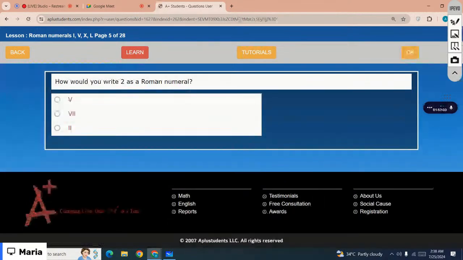How would you write 2 as a Roman numeral? So which is the correct option? Yes, option number 3 is the correct option, right? That's how you write 2.